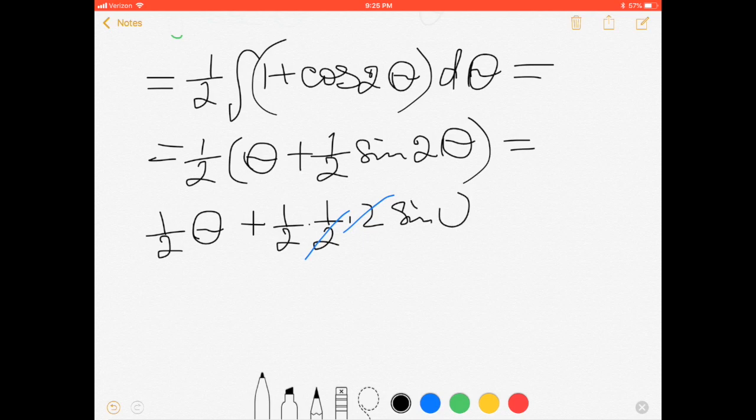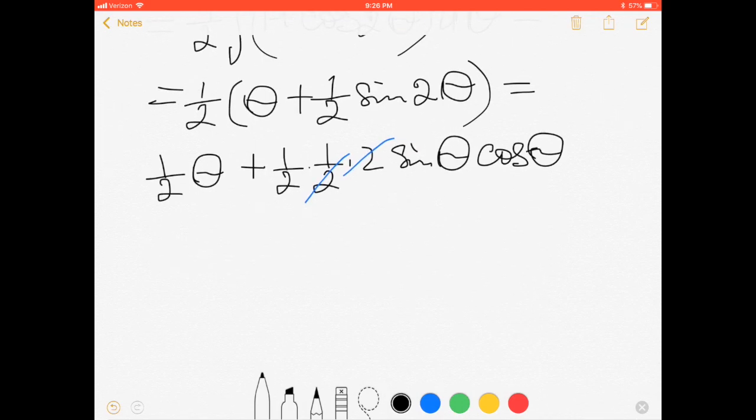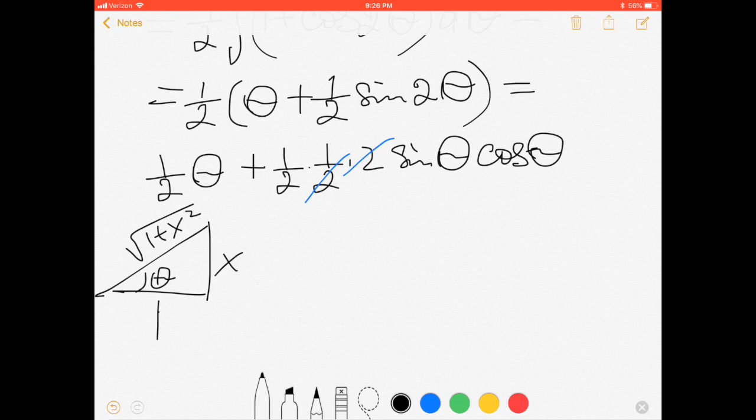And here we have sine theta cosine theta. Now we need to remember what we have here: the substitution x equals tangent theta. Great. This means this is theta, this is x, this is 1, and this is square root of 1 plus x squared.